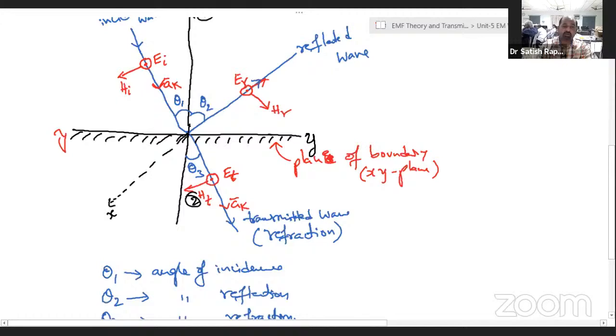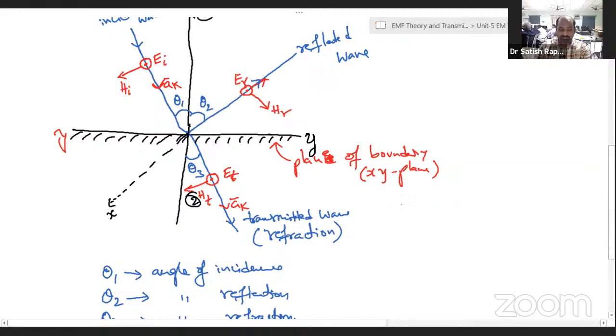Now can you imagine yourself, the electric field is horizontal to the xy plane? You just imagine it. So here I have indicated the electric field as a dot, in the sense the electric field is coming outside the surface. So therefore, it is perpendicular to the yz plane.